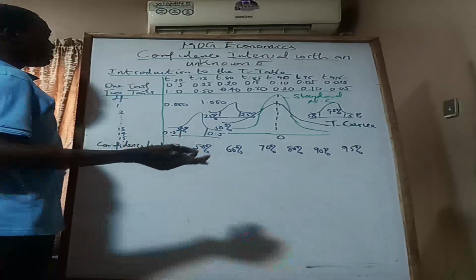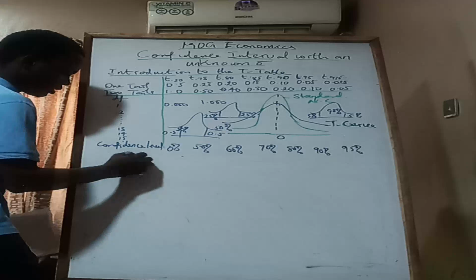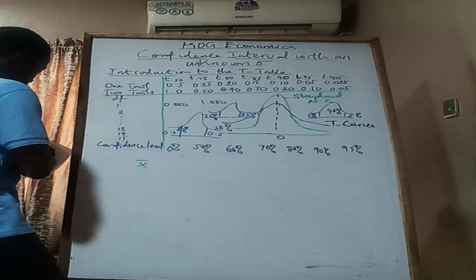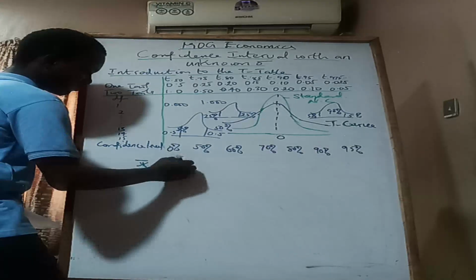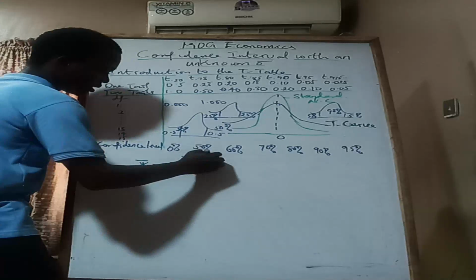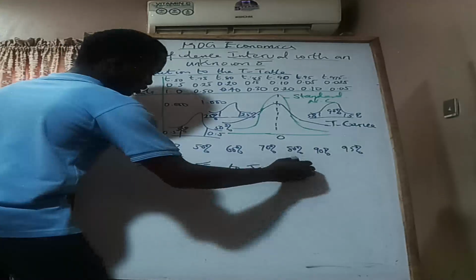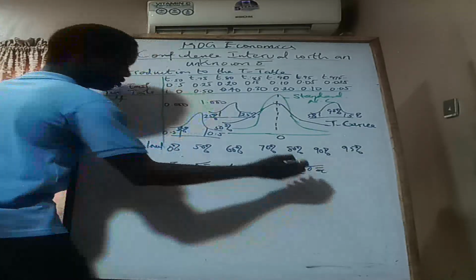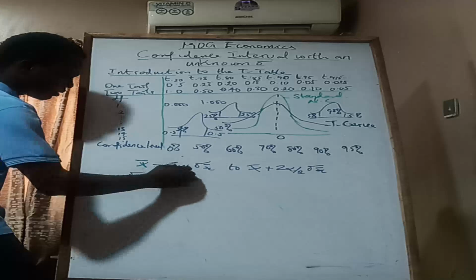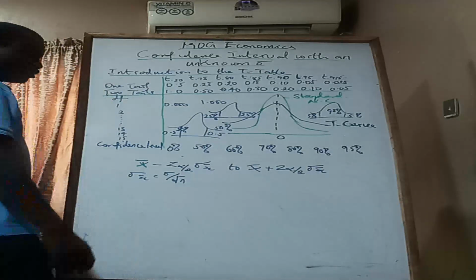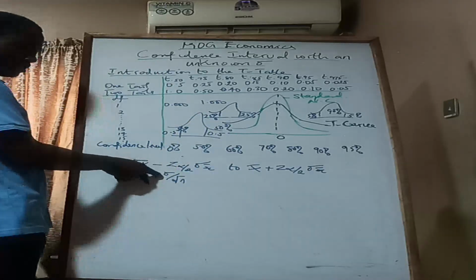When we look for the confidence interval with a known standard deviation, remember that our confidence interval ranges from bar x minus the z-score alpha over 2 times the standard deviation of the sample mean, to bar x plus z-score alpha over 2 times the standard deviation of the sample mean. Where that standard deviation of the sample mean was the population standard deviation divided by the root of the number of observations. But now we don't have the standard deviation of the population.